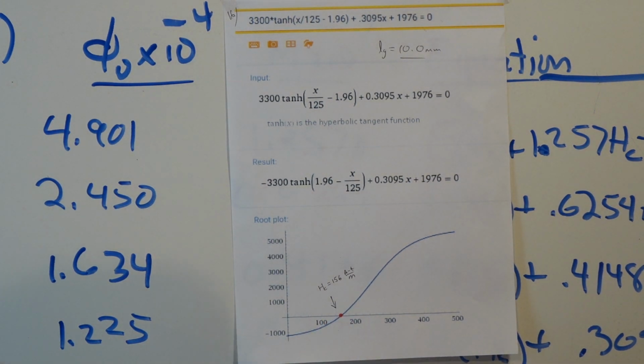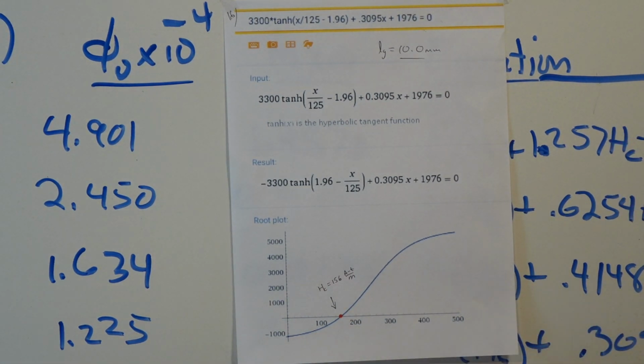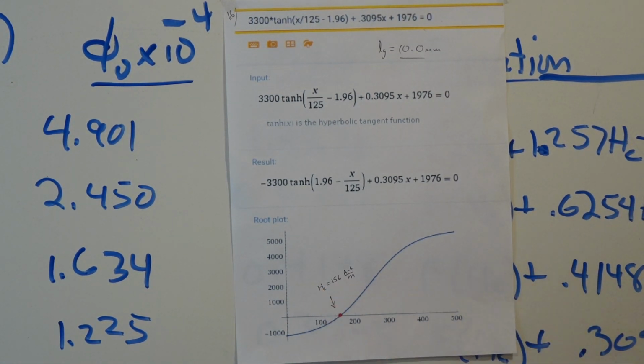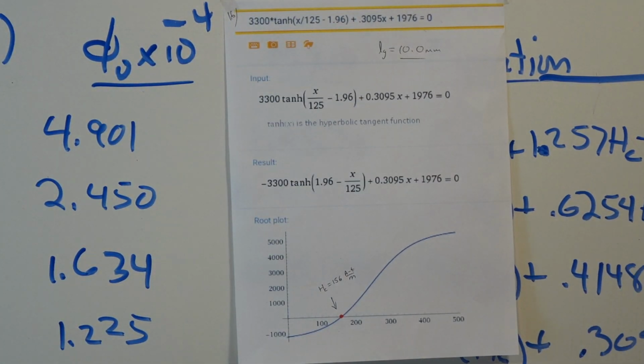So for this particular equation, our H is 156 ampere-turns per meter. That's the x value that satisfies the equation given by Wolfram Alpha.